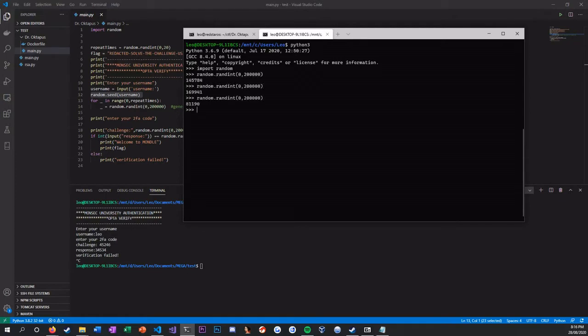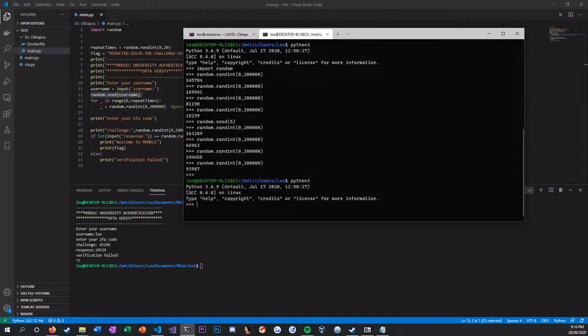Now these numbers here are going to be quite unpredictable, clearly by design, because it's random. But if we were to seed it with a value that we know, then we generate this, the first number will be this, the second will be this, third will be this, fourth will be this, and so on.